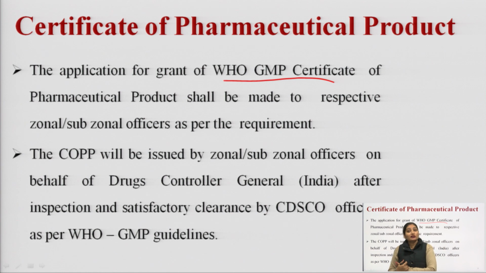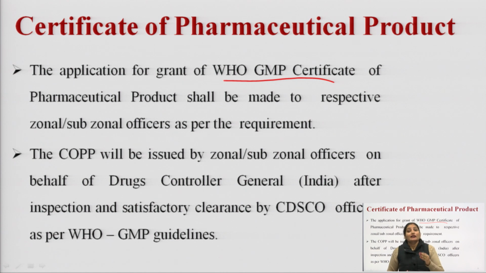As I have told you in the first lecture of this unit number 5 about the CDSCO, CDSCO has 6 zonal offices and 5 sub-zonal offices. So, the application for the grant of COPP certificate should reach the respective zonal or sub-zonal offices.